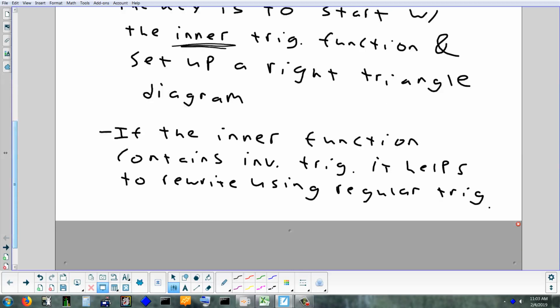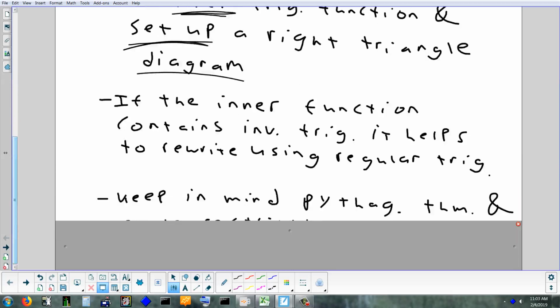Rewriting it with regular trig instead of inverse is what's going to enable you to set up a diagram. Now again, could you skip that and draw the diagram without doing that? Yes, but I think it's more confusing. So we'll do each step.